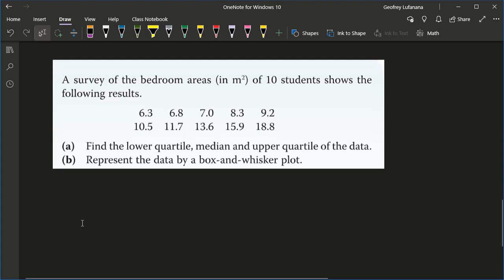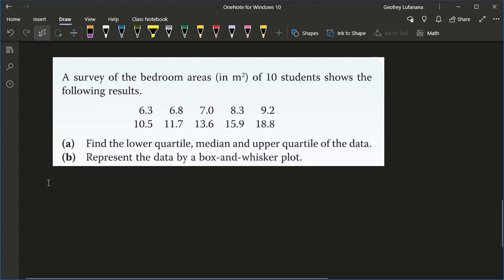From our previous videos, we discussed that if we are to find this, the data has to be arranged in ascending order, and then the lower quartile is a quarter of the data, the median value is a half of the data, that's the number which is in the position that's exactly midway, and the upper quartile is the data that is in the position that is 3/4 of the whole data.